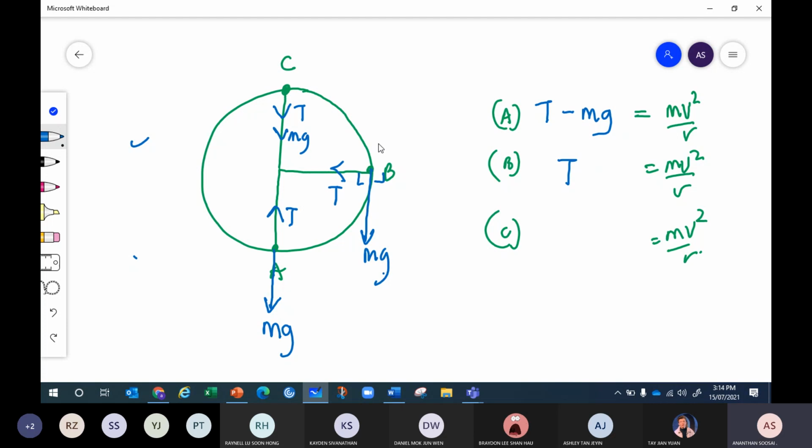Okay, so check what are the forces acting down. The weight acting down, the tension acting down. So both acting toward the center. So what should the equation be? Tension plus mg is the centripetal force. Okay, so these are the three equations equal to the centripetal force for this system.